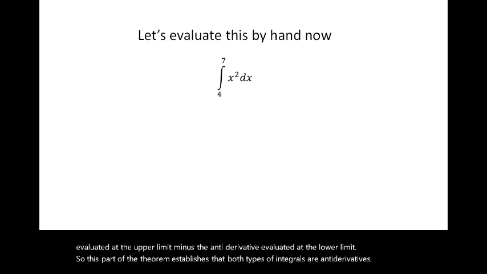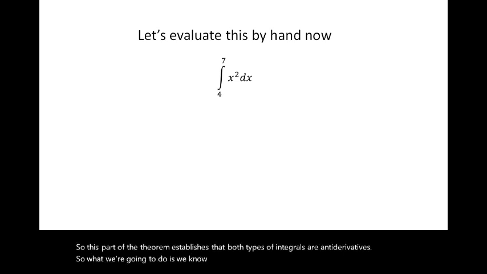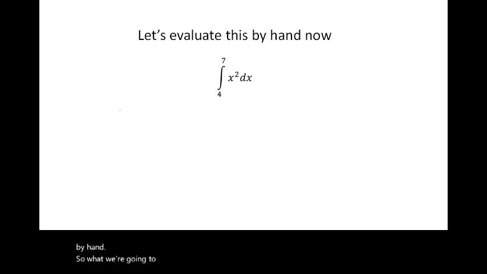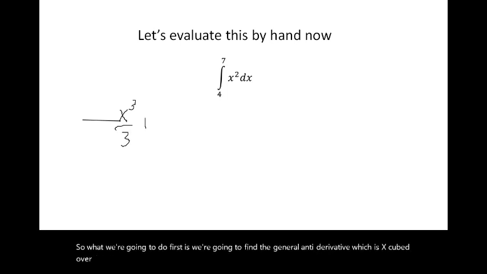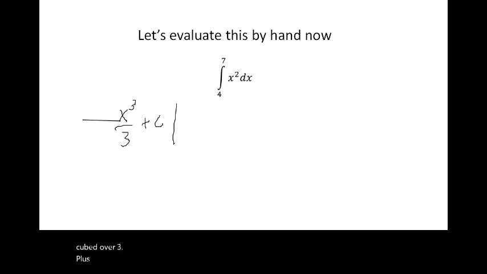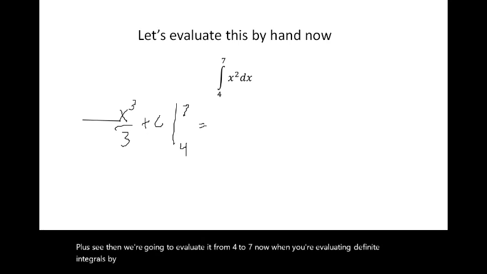We know that this should come out to 93. Let's actually evaluate this by hand. First, we're going to find the general antiderivative, which is x cubed over 3 plus c. Then we're going to evaluate it from 4 to 7. When you're evaluating definite integrals by hand, you always plug in the upper bound first.